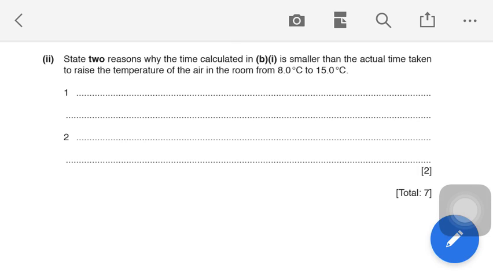The second thing is, not only will it simply pass through, when it passes through, it will heat up the walls, the ceilings, the windows, and everything, right? So the heat energy will not be used for heating up only the air.